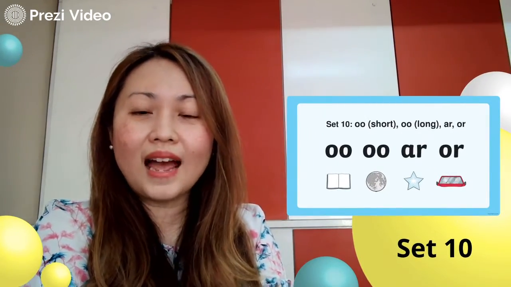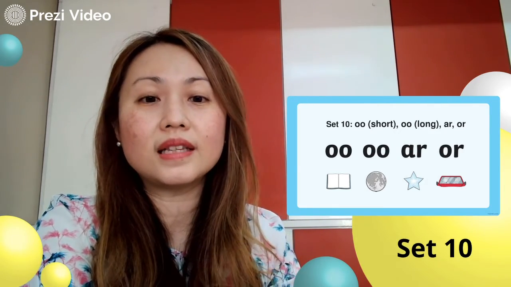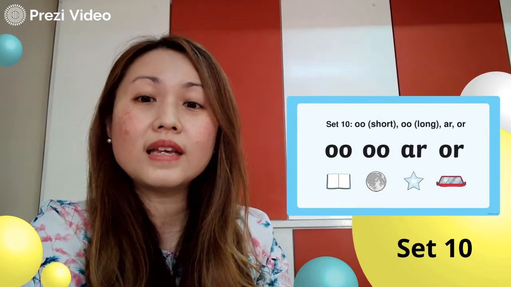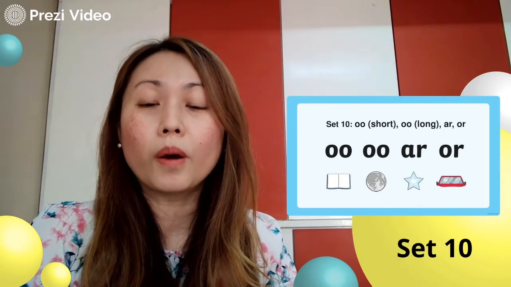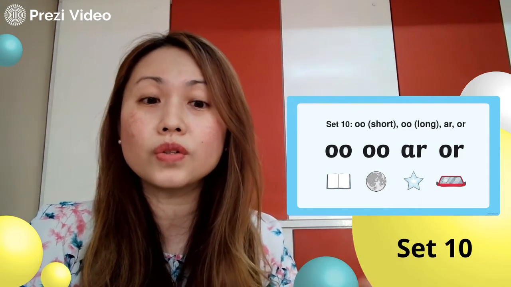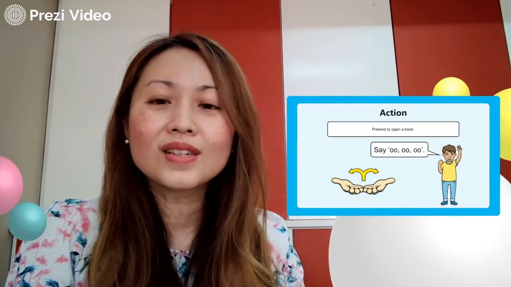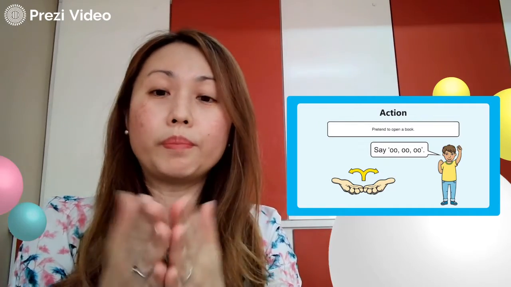In set 10, another thing you should focus on is the short and long sounds for these digraphs. I'm going to share with you how you can work that in your classroom or with your child. Another way is obviously using body parts.